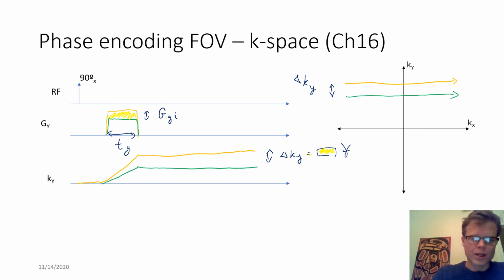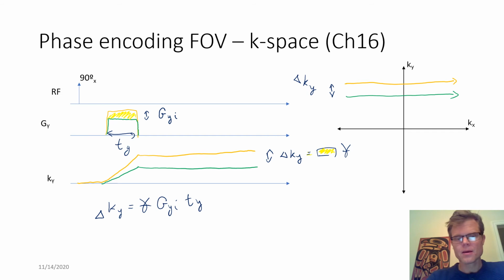So now we can work out what this gradient area is. It's simply gamma bar times this increment, the difference in phase encoding gradient amplitude, times the duration of the phase encoding gradient. And thus we're going to be able to determine our field of view in y and the relationship of that to our phase encoding gradient increment.